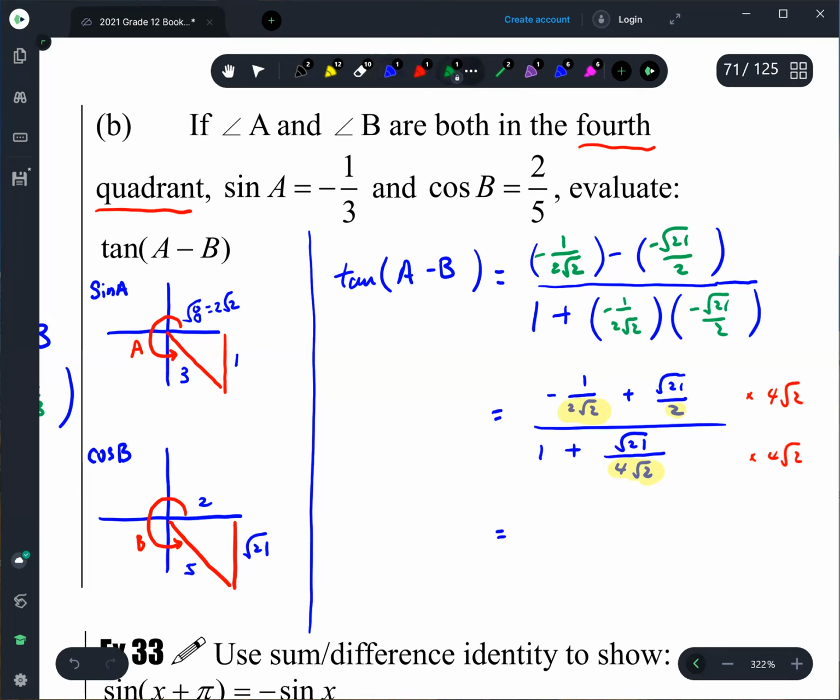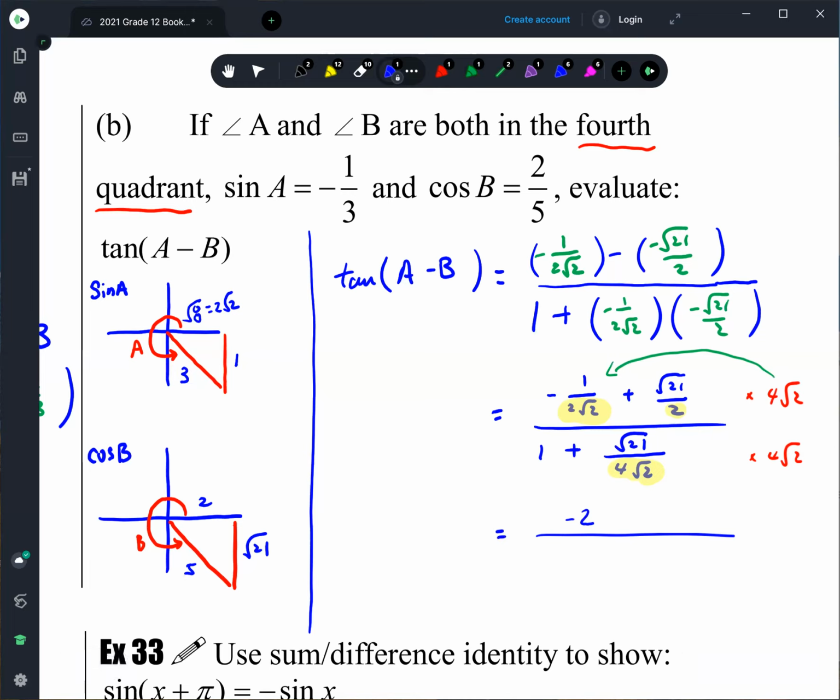So when you distribute, when you multiply with the first one, it will cancel out the denominator. Root 2 will cancel out, 4 and 2 can reduce. So the top will give you negative 2. Stop me anytime if any step you got confused.